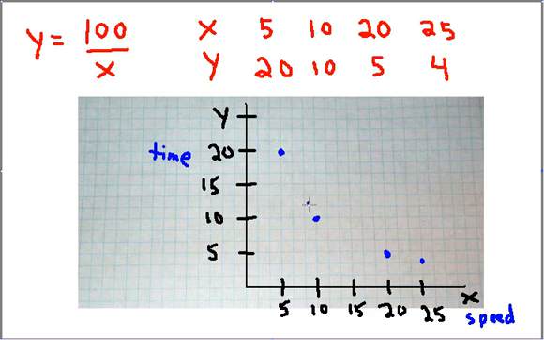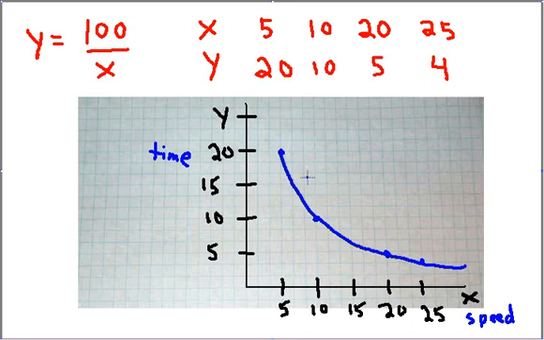So what you do here when you graph these types of functions and equations, you try to draw as smooth a curve as you possibly can. So I'm drawing it down like this. This curve now represents the graph of the function y equals 100 divided by x.